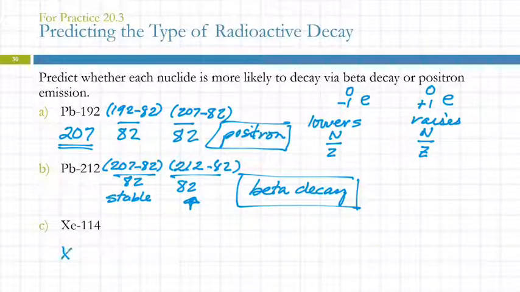Let's look at xenon here. Xenon-114. The stable mass number is 131.